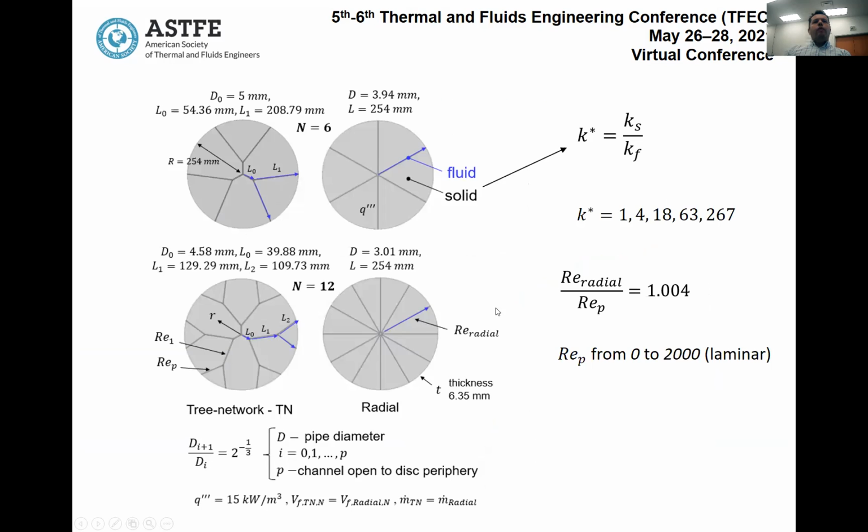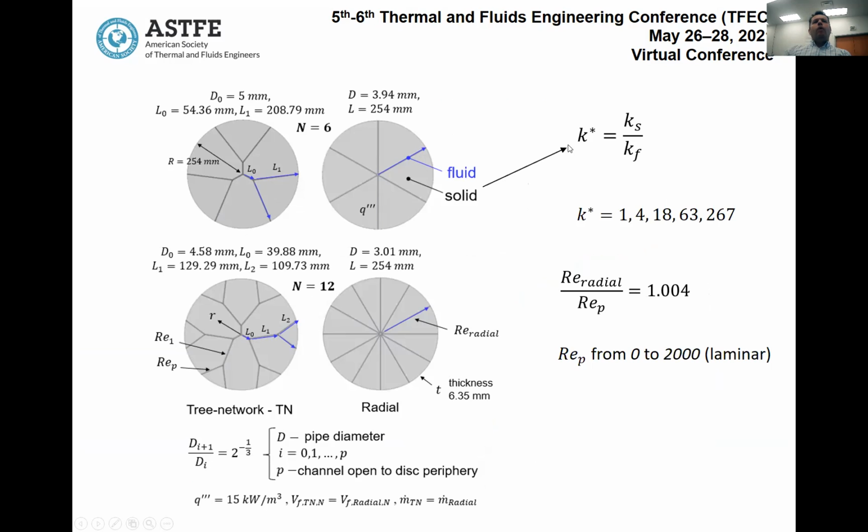Okay, so here for all these four geometries, we have the geometry parameters, the disk radius, the diameters of each of the geometries. For this geometry here, we have the fluid and the solid.